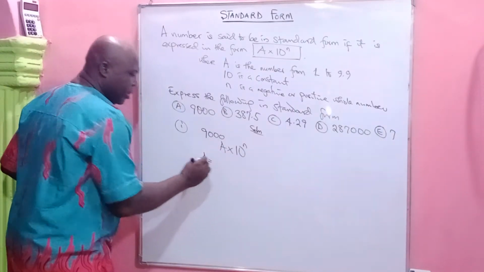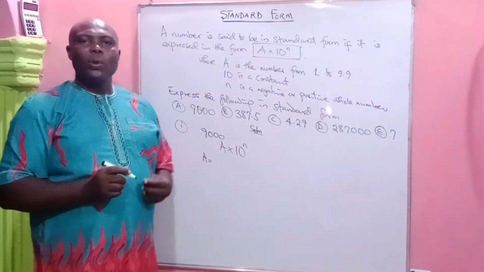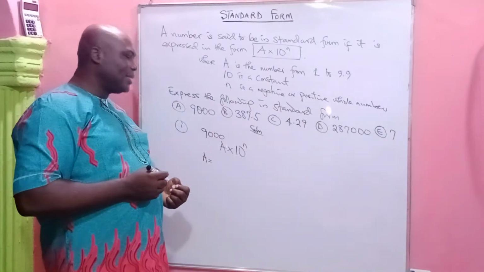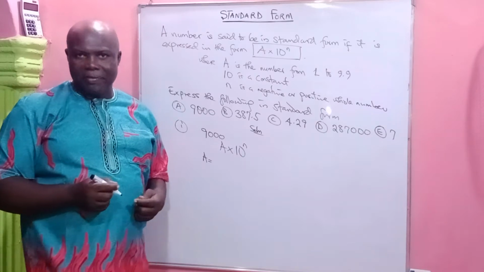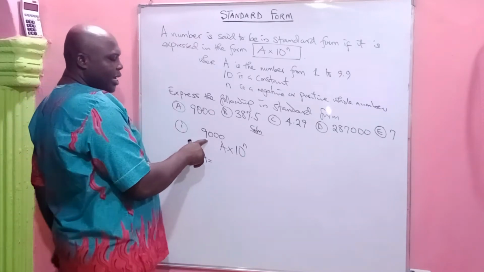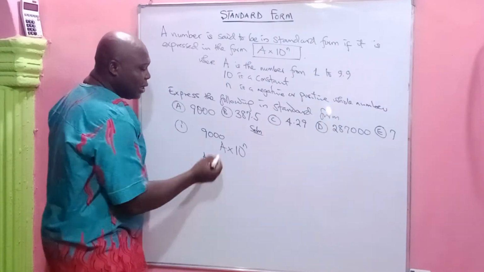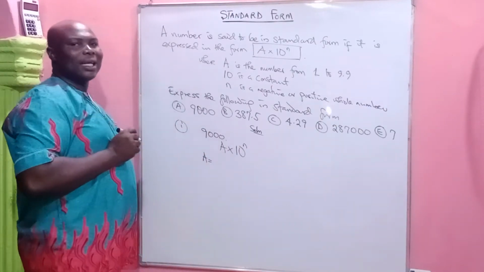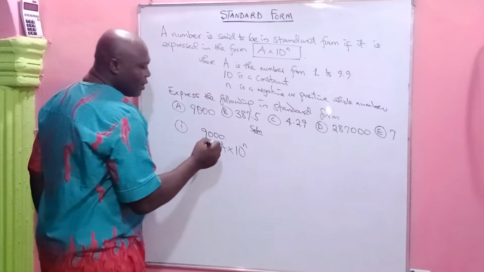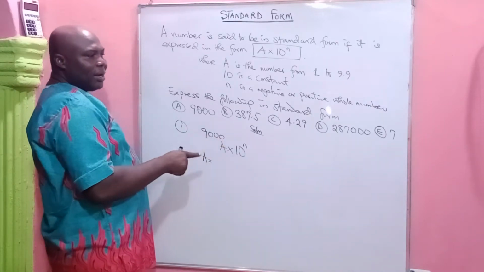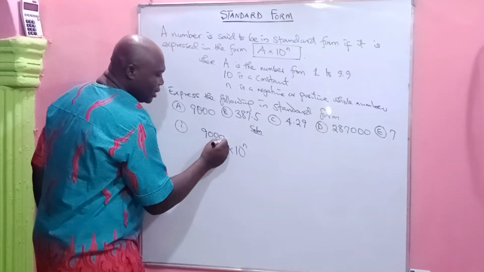Our a will be, move the decimal point wherever it is and place it after the first significant figure. The first significant figure is 9. The decimal point for 9,000, if you press 9,000 even on your calculator, you see that the decimal point is at the extreme end. Please take note of that. So for 9,000, a number without a decimal point, the decimal point is at the end.